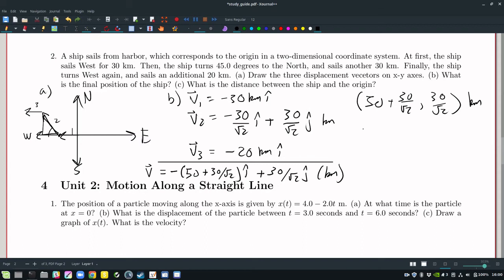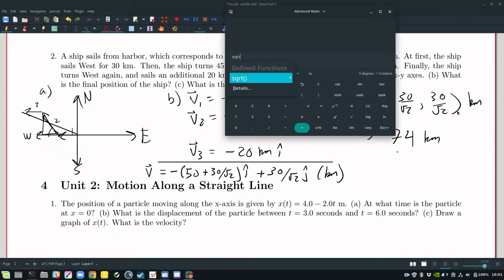The final question, part C, is how far is it from the origin? So what's the distance between this point and the origin? To do that, use Pythagorean theorem, and I get about 74 kilometers. Let's re-verify that. So if we take the square root of, and then it'll be each component squared, so let's plan that out like this.